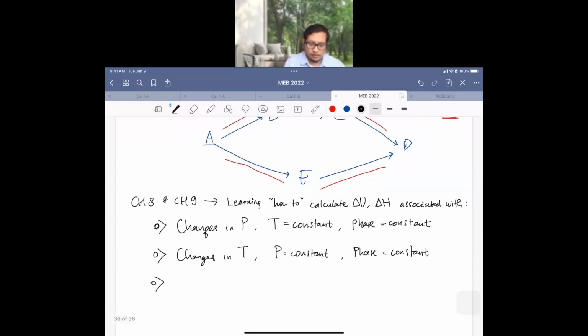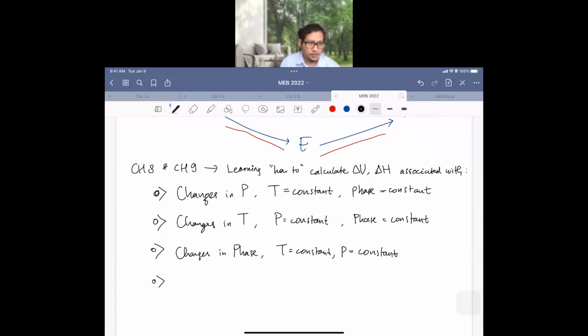And then the other one is change in phase, T is constant, and P also constant. The phase can change, like vaporizing, condensation, sublimation, something like that.